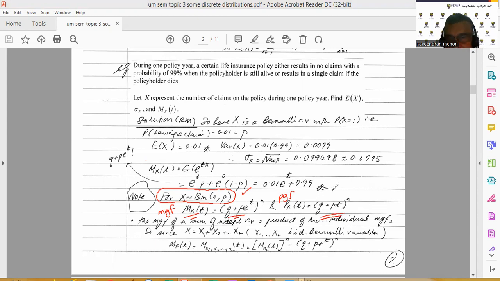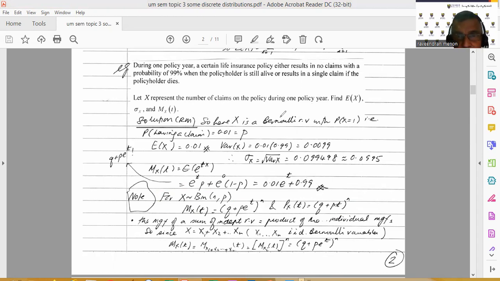Now, you can actually see this formula without doing too much thinking.